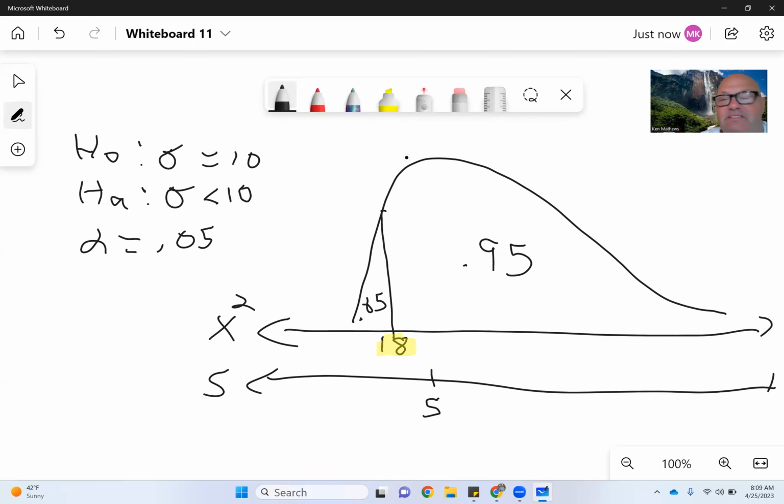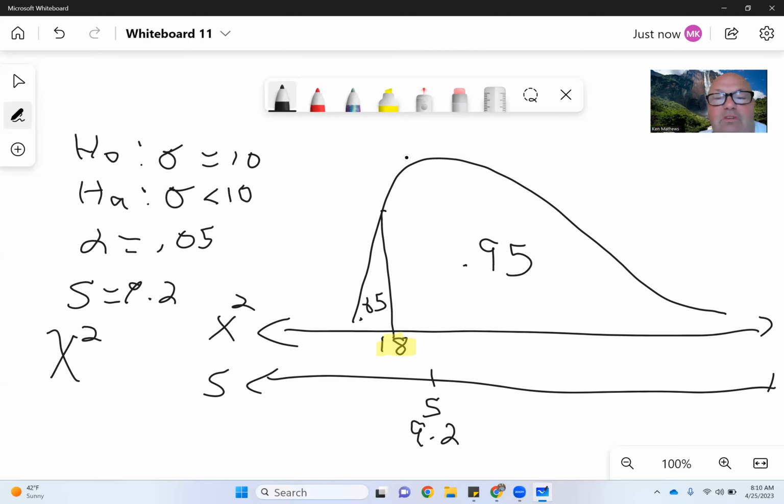So we've tested a sample, and from that sample, we got a sample standard deviation, which we'll call S. Suppose S might be like 9.2. That would be right here. Okay. We need to convert that 9.2 into a chi-square score.